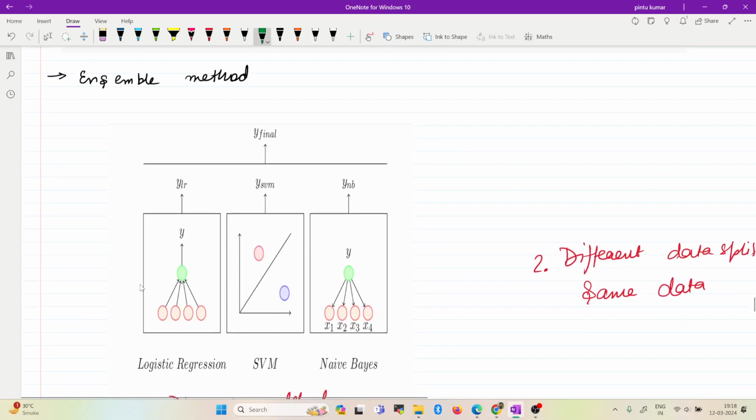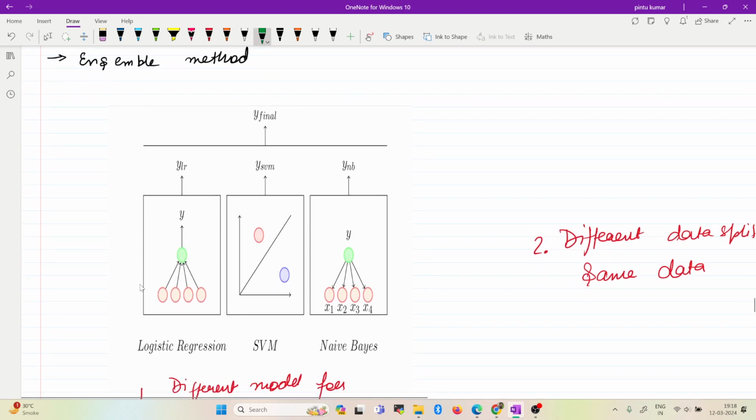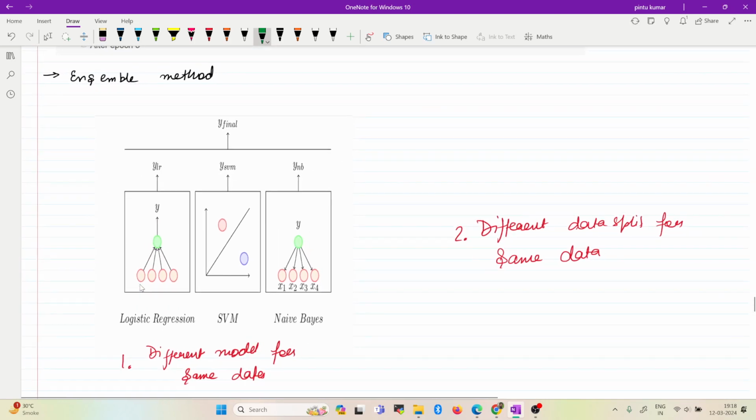So I'll go for something known as the ensemble method. The idea behind the ensemble method is, let's say I train one model using some data set and I train a model 2 using some data set. Model 1 is making errors on some specific test points and model 2 is making errors on some other specific test points.